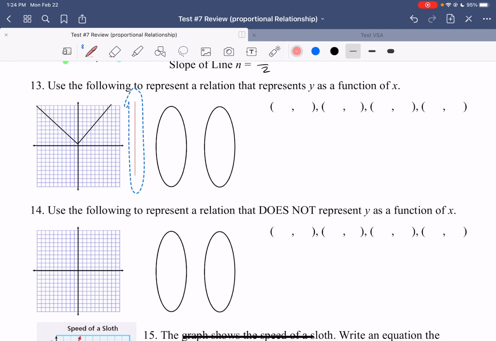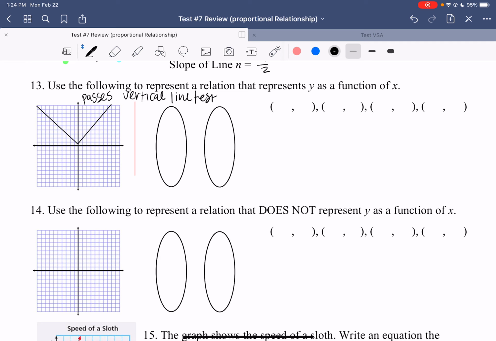So this is something that passes the vertical line test, meaning it is a function.